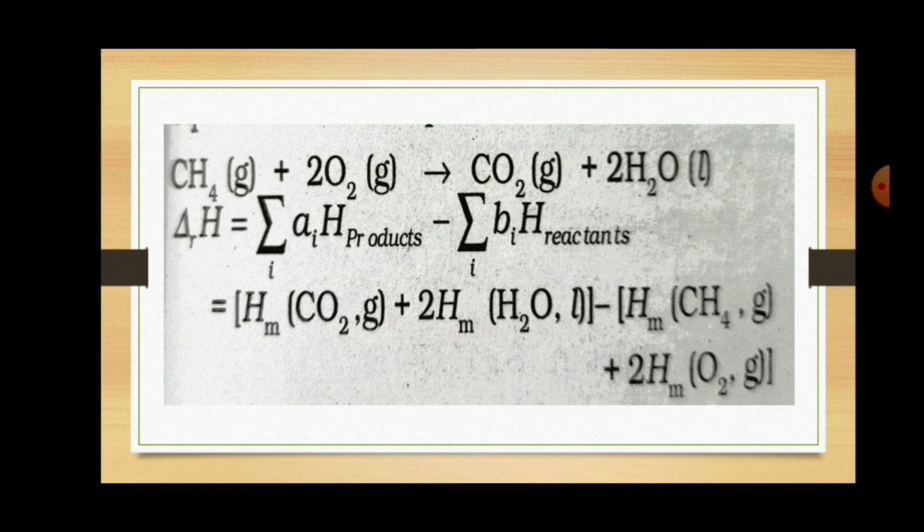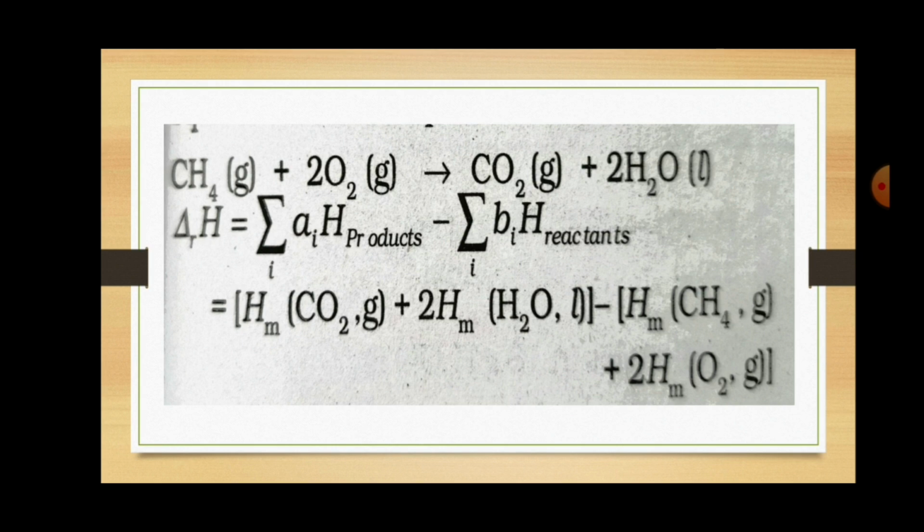For CO2 you just write Hm, the molar enthalpy value of CO2, plus 2 molecules of H2O, so write 2 times the enthalpy value of H2O in liquid form, l. That is the sum of the products. Then subtract the sum of the enthalpies of reactants.